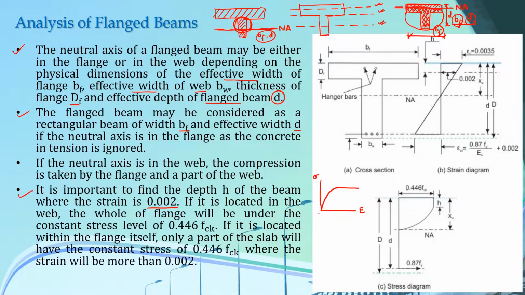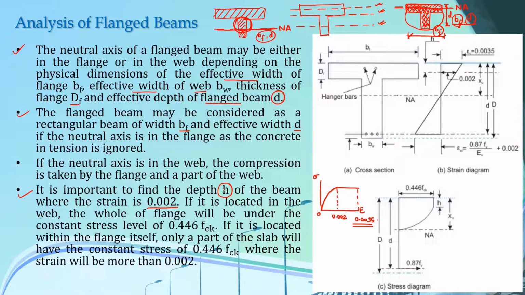It is parabolic from a strain level of 0 to a strain level of 0.002, and it is a straight line from 0.002 to 0.0035, and 0.0035 is the point of your failure. So you have to find the depth of the beam, and that depth is represented as H, where the strain is 0.002.